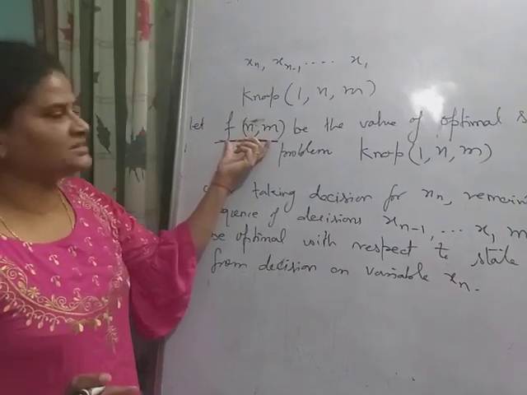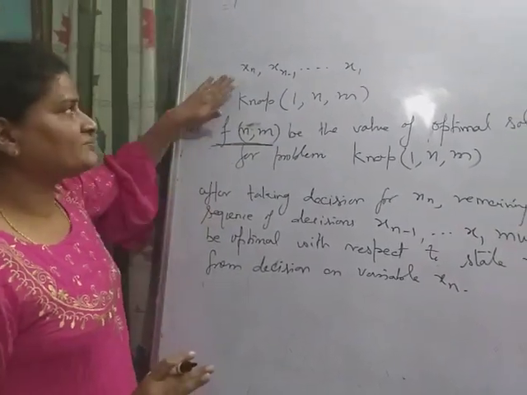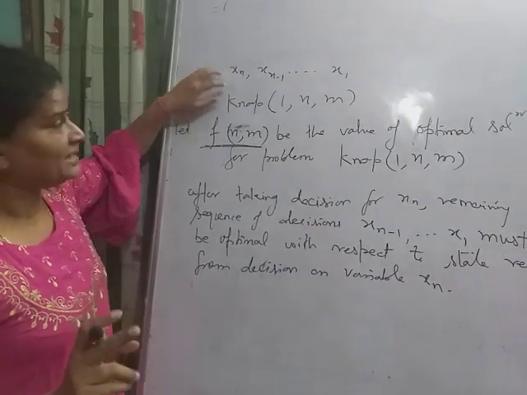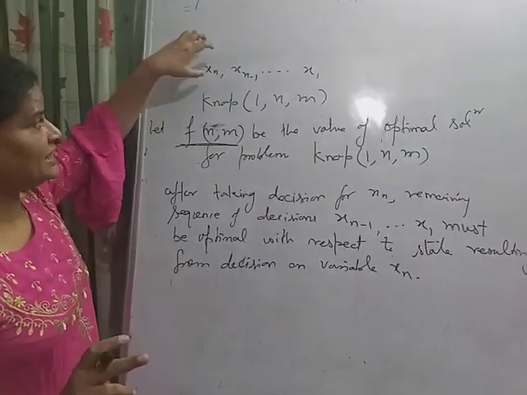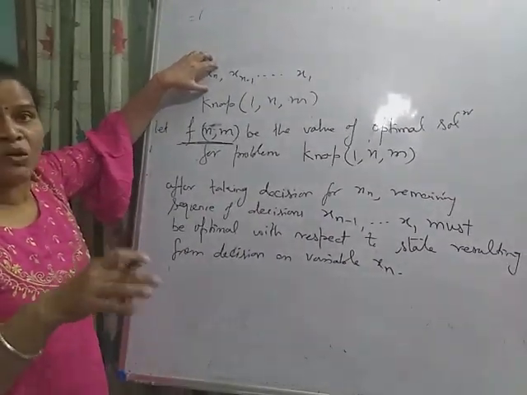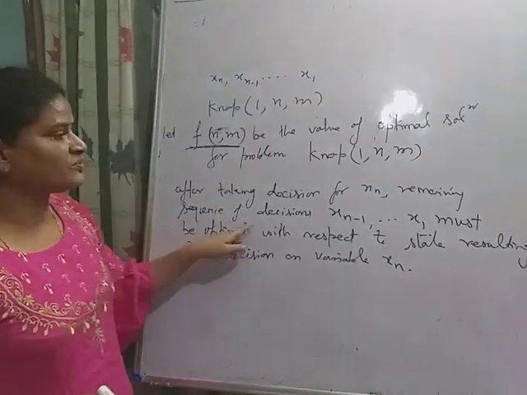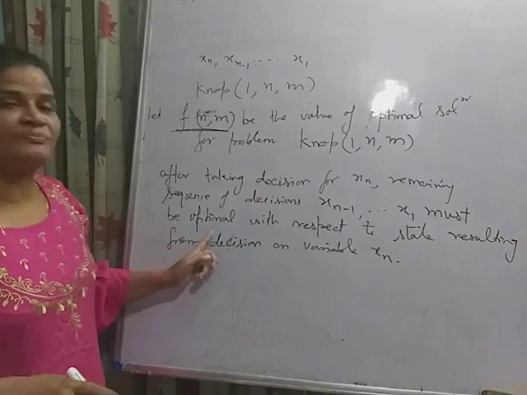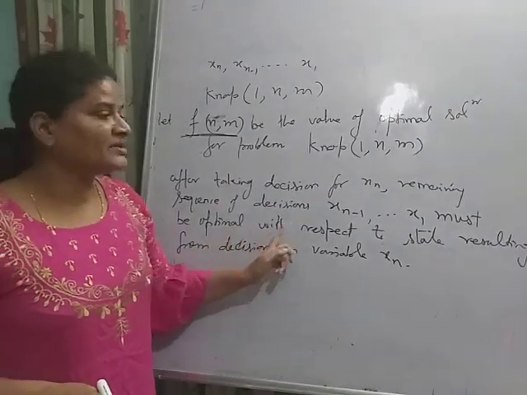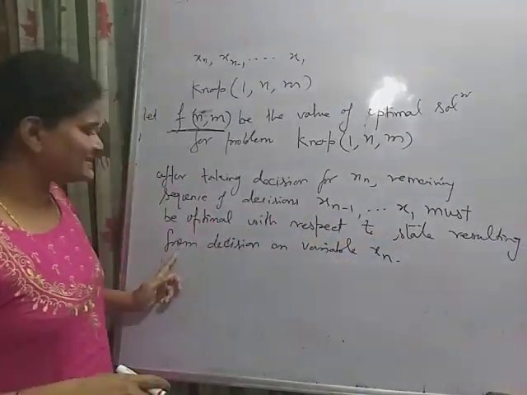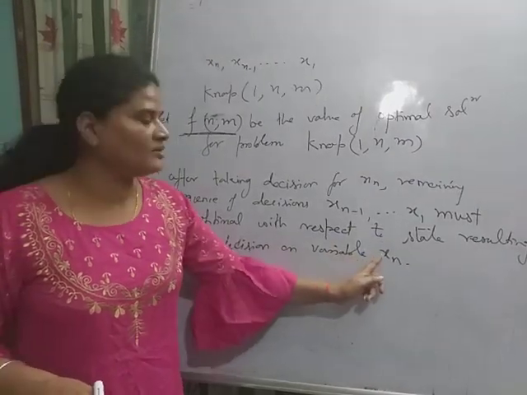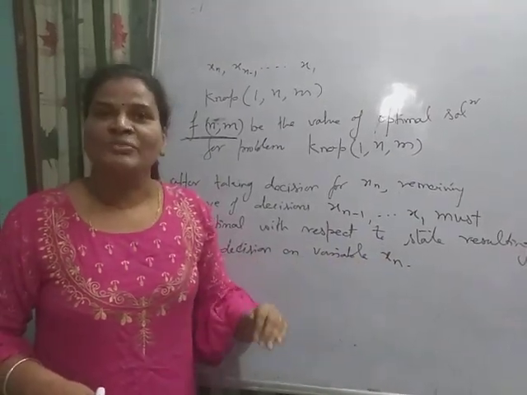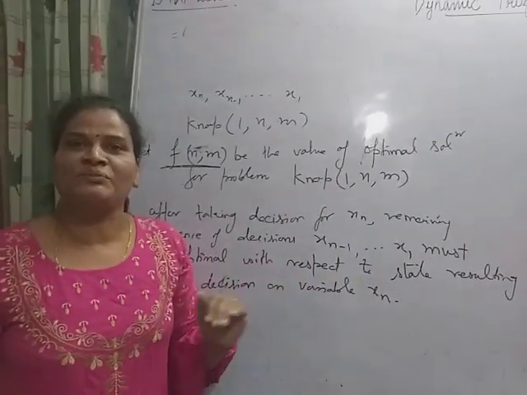the value of the optimal solution is this one. So if this is the optimal sequence, then whatever be the decision about xn, either 0 or 1, the remaining sequence of decisions xn minus 1 to x1 must be optimal with respect to the state resulting from the decision on variable xn. So here the principle of optimality holds for this problem.